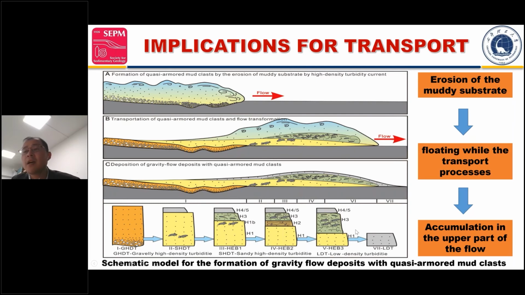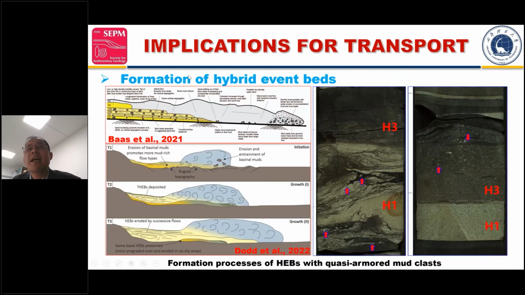So if this hypothesis is acceptable, then we can discuss the implications for the transport of the gravity flow. First is the formation of the hybrid event beds. As I have mentioned before, there was the controversy between vertical stratification and longitudinal fractionation. Also, recently Baas published a paper indicating that those mud clasts are formed by a backset transport model, and Dowden indicated that those mud clasts are from erosion and transport forward.